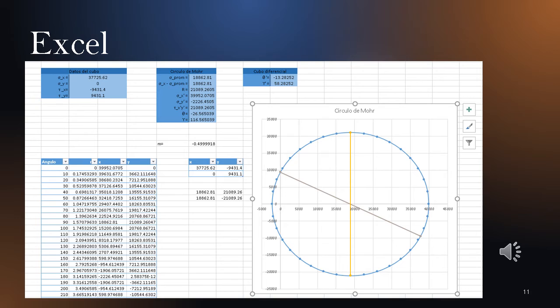Then, using simple trigonometry and the results from the formulas, we obtained the x and y values. X values were given by the average normal stress plus the maximum shear stress times the cosine of the angle. Y values were given by the maximum shear stress times the sine of the angle.